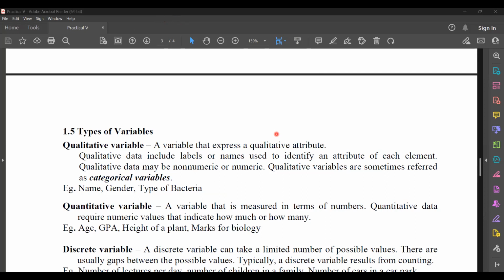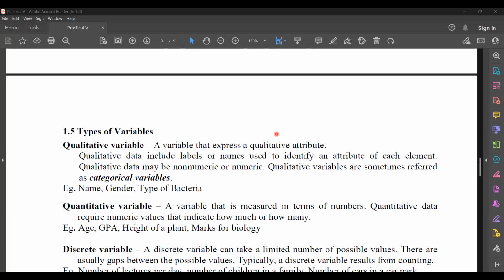Basically, for categorical or qualitative variables, the main characteristic is that we measure a quality, certain characteristics. These variables yield non-numerical information, and are often referred to as categorical variables.